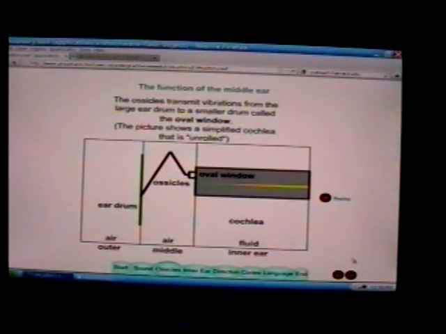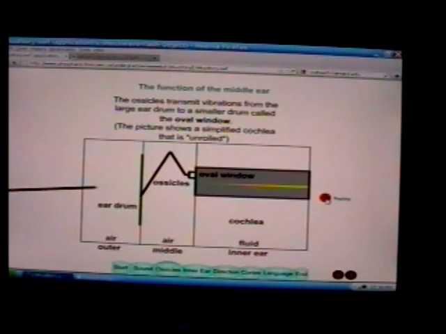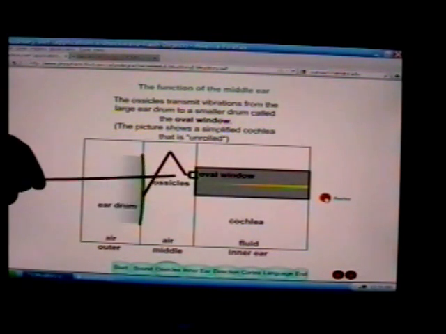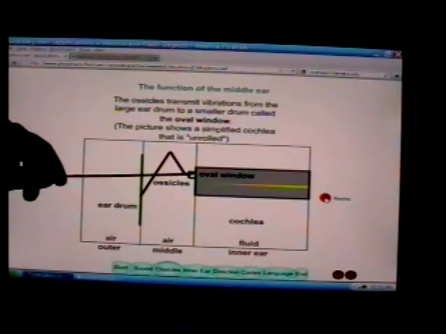So here's the idea. When the eardrum is moved by sound waves hitting it, it moves the bones in here, and then the oval window is going to deform a little bit.